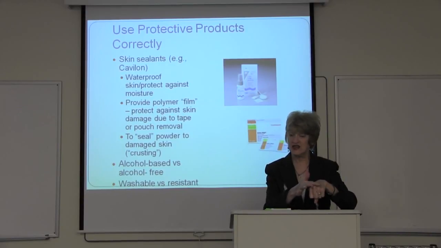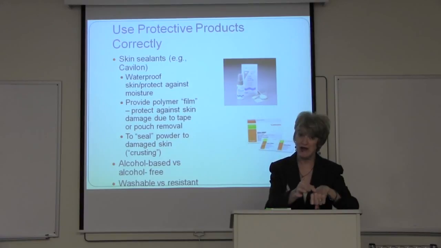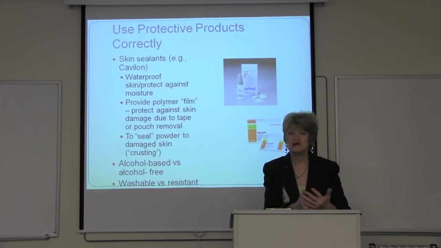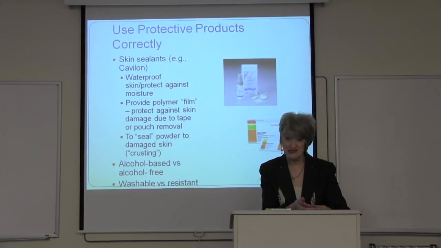And the skin is still protected because the area of the skin covered by the sealant that is also under the pouch or under the tape isn't exposed to the soap and water. So standard issue sealants are washable with soap and water, which is fine. But there are some sealants that are very resistant to washing, and those are the ones that we use if we have an area of skin where we're trying to provide protection and we know that skin will be exposed to soap and water.